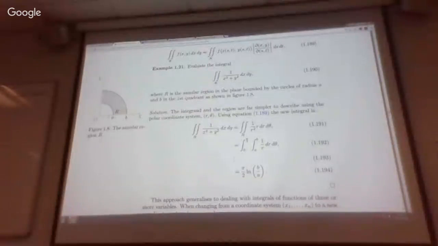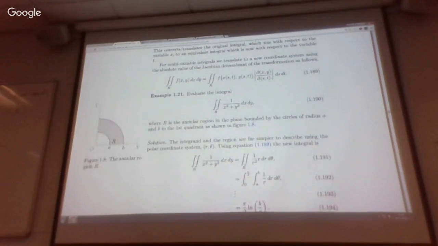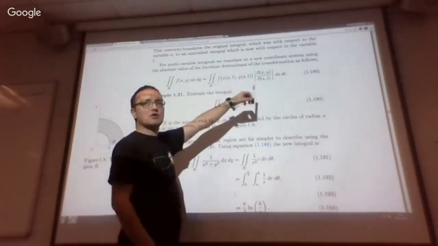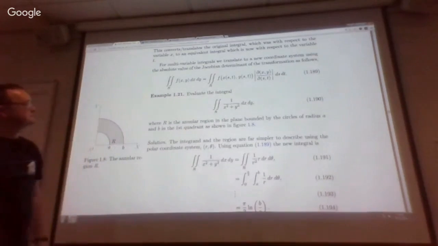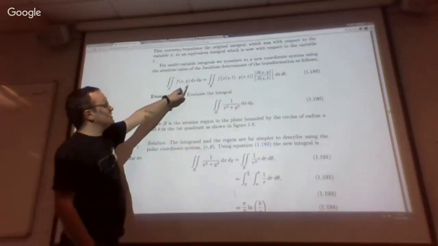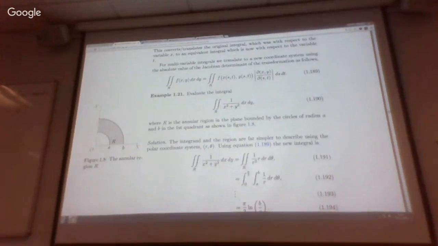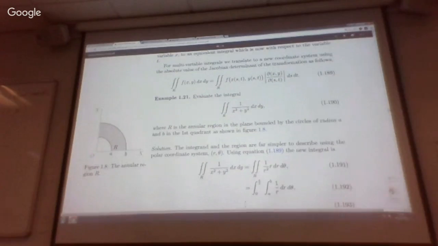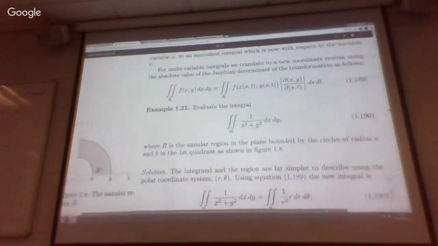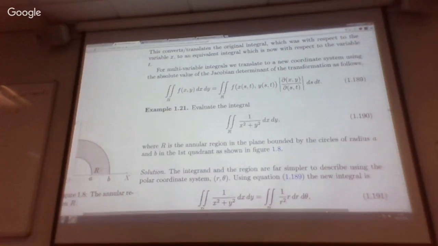So the description looks easier in polar coordinates, but what about the integral itself? Well, we have this rule for how to change coordinates in an integral. If we have our original integral as a function of x and y over a region and evaluating it with respect to x and y, we can translate it into the other coordinate system as follows.